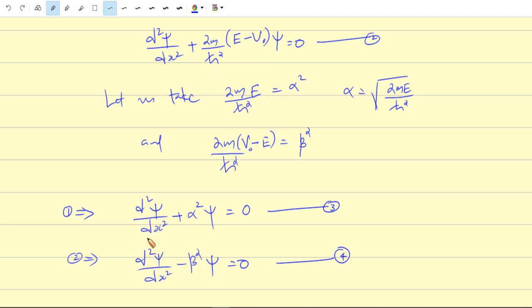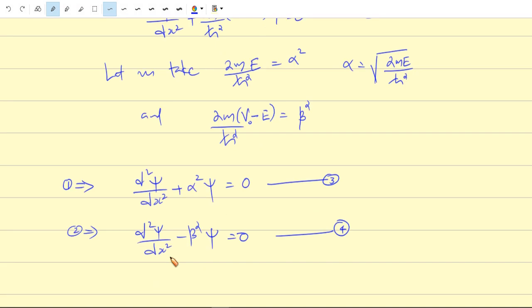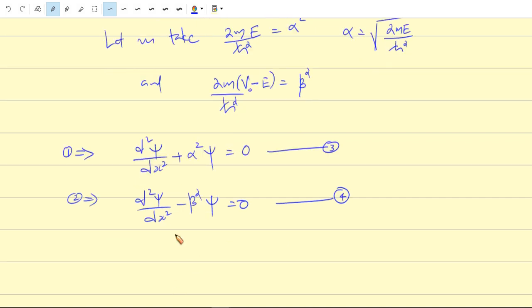So we have two equations, one in region 1 and the second in region 2. Using the Bloch theorem, for a periodic potential, the solution of the Schrodinger equation would be of this form: psi of x is equal to psi k of x is equal to u k of x e raised to ikx.